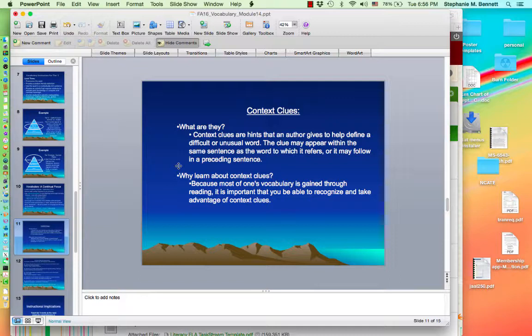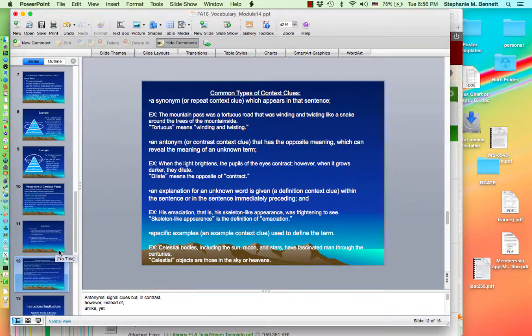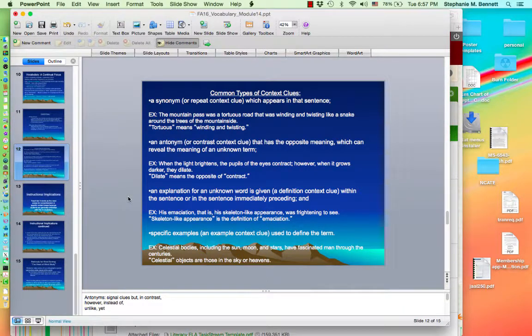One way that you can teach vocabulary is through context clues, and these are hints that an author gives to help define a difficult or unusual word. And these are important because most of one's vocabulary is gained through reading. And so we want to teach our students about context clues in the classroom. So as a reminder about context clues, you have a synonym or repeat context clue in which the word and the definition then appears in the sentence.